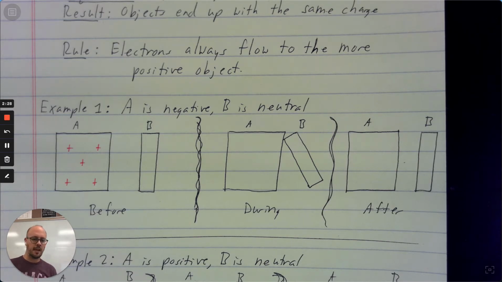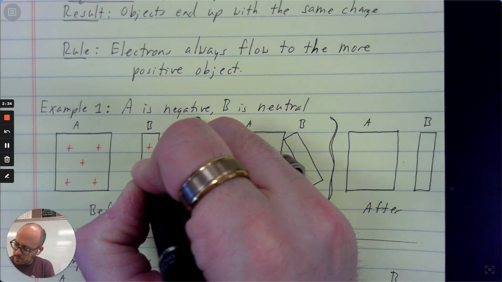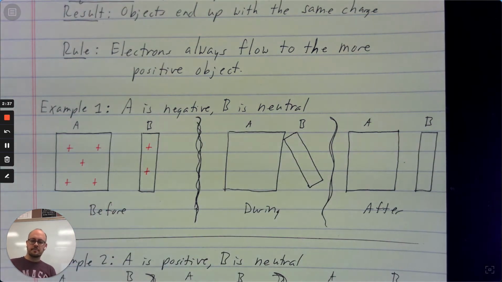We'll say there's like 5 trillion protons in object A, and there are 2 trillion protons in object B. So it's arbitrary. You can pick any number you want. I'm just using them to represent all the protons.